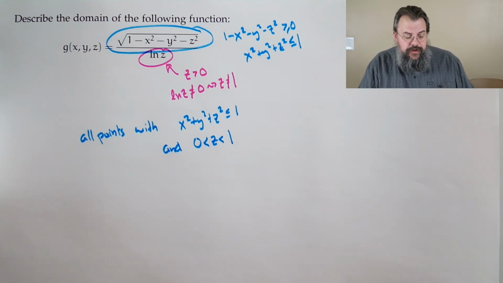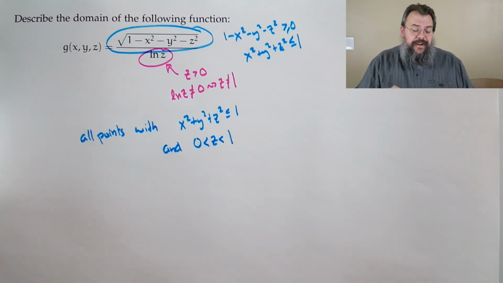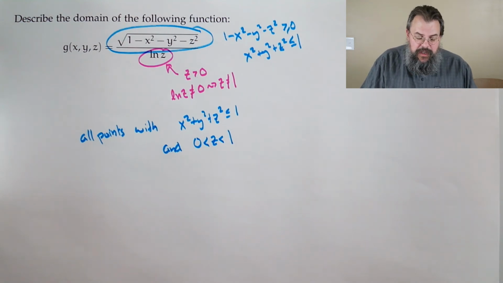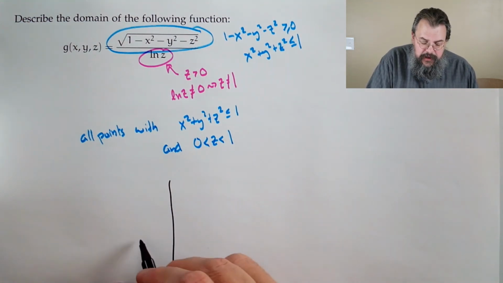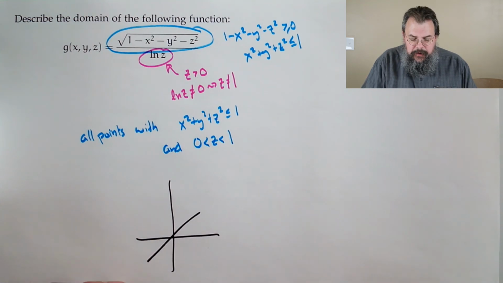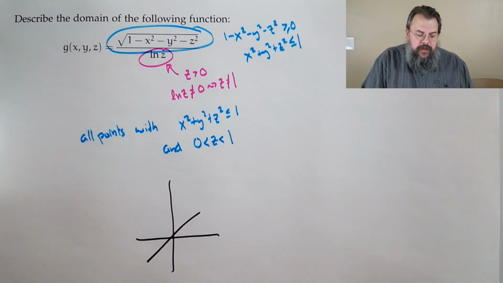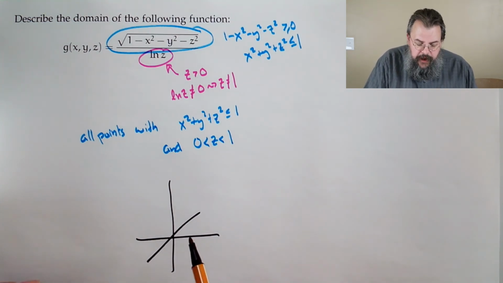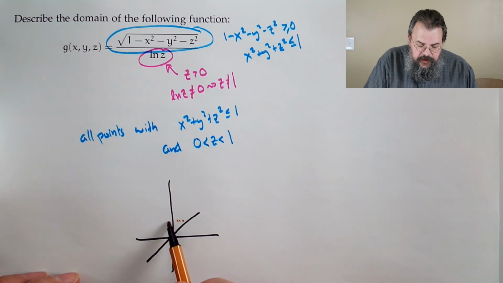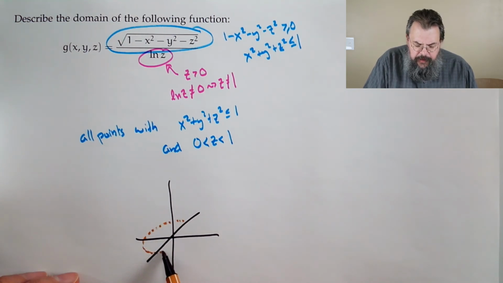If we wanted to sketch a picture, it's a little bit hard to sketch in 3 dimensions, but we can vaguely talk about it. We would say, well, we have the bottom part, which is our z equals 0. So the bottom here, and we'll just do a little dotted.